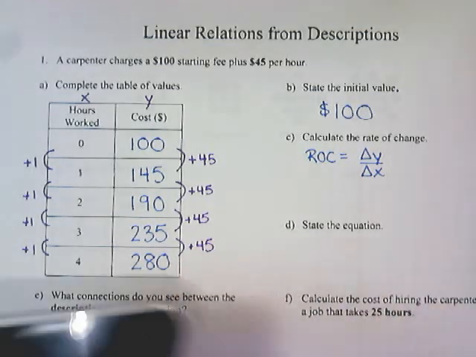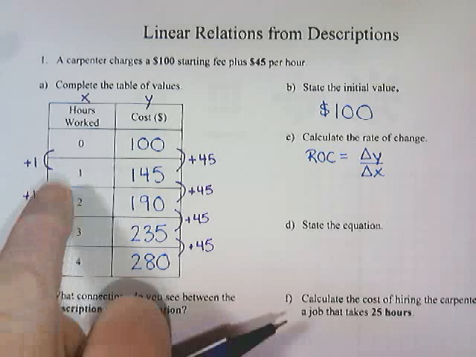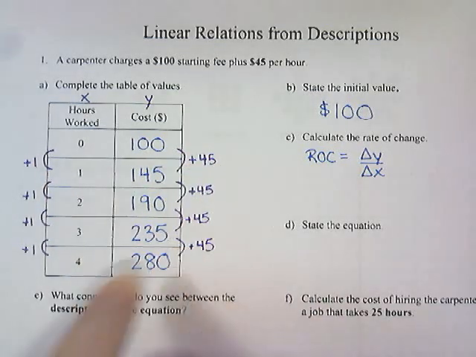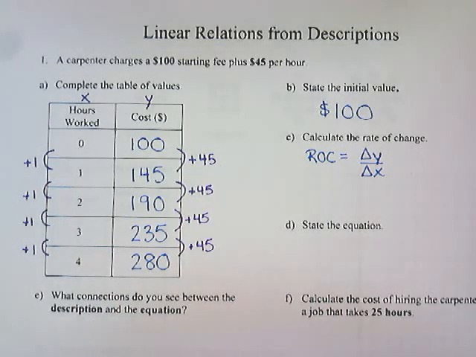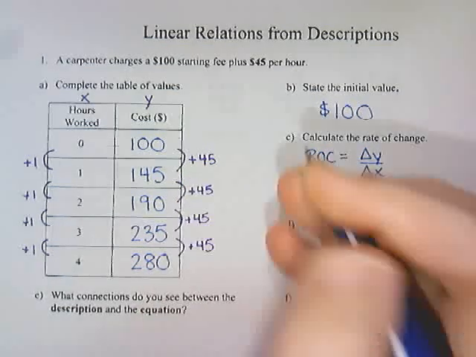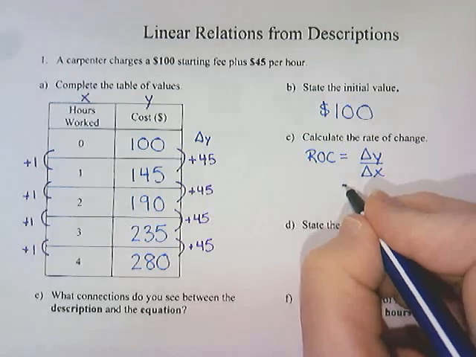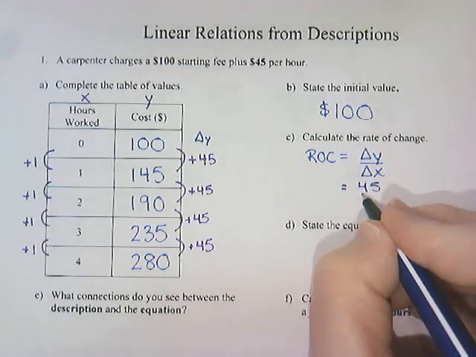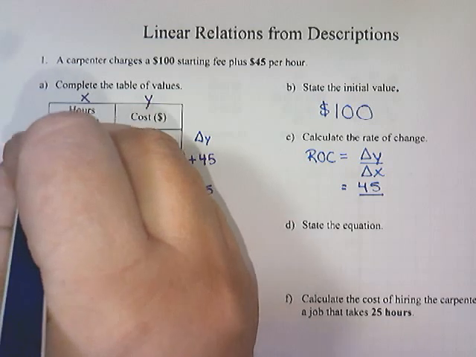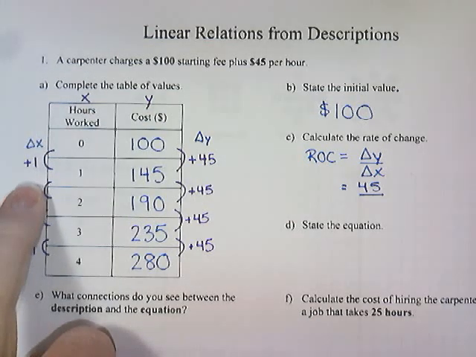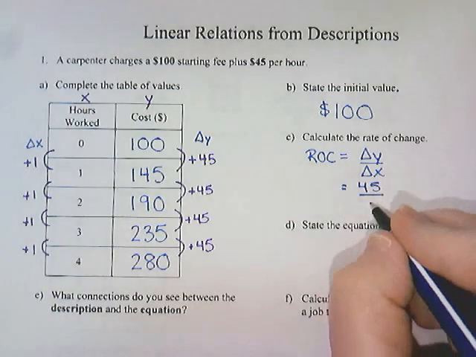So the first thing I notice is this definitely is linear. We're going up by the same amount every time. So when I go to do my rate of change, it is 45. This is the delta y. It's the change on the y side. So that's 45 divided by delta x, which is the change on my x side. So that's 1.